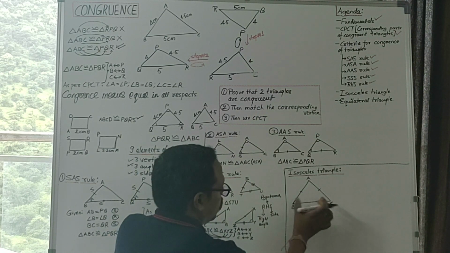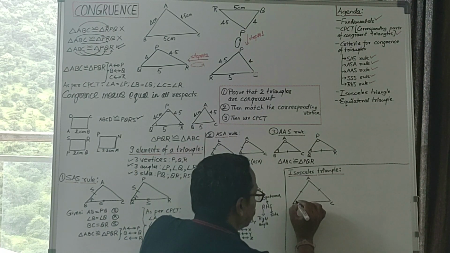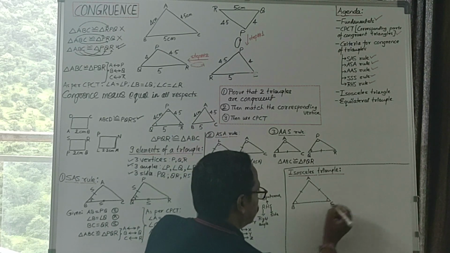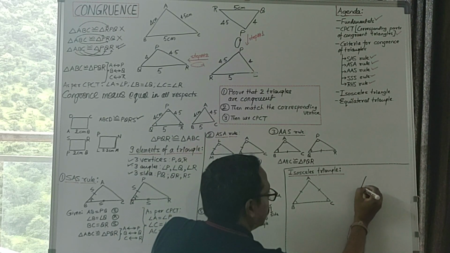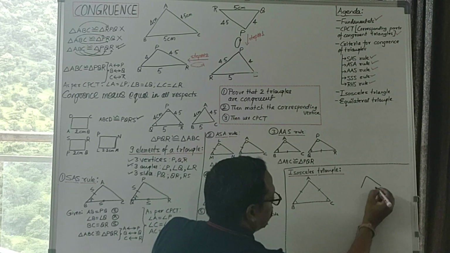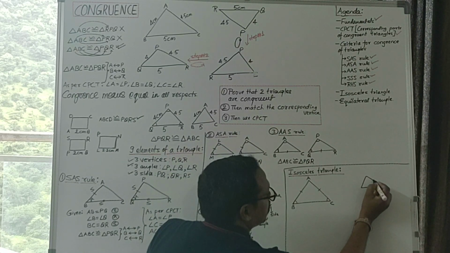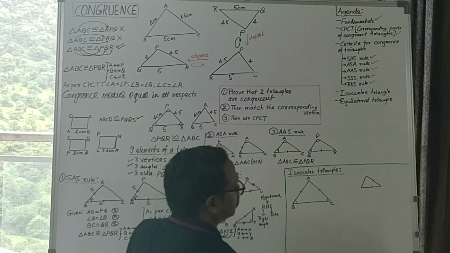So when two sides are equal, the opposite angles are equal. An isosceles triangle can be this type also. You can say this is equal to this.